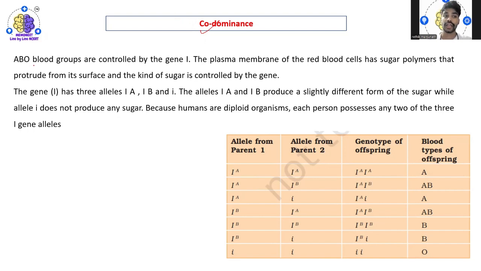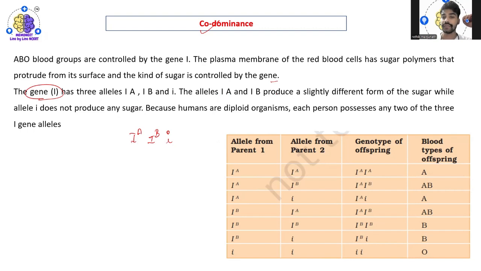Okay. ABO blood grouping is considered one of the best examples here. The plasma membrane of the red blood cells has sugar polymers that protrude from its surface, and the kind of sugar is controlled by the gene I. The gene I has three alleles: I^A, I^B, and small i.